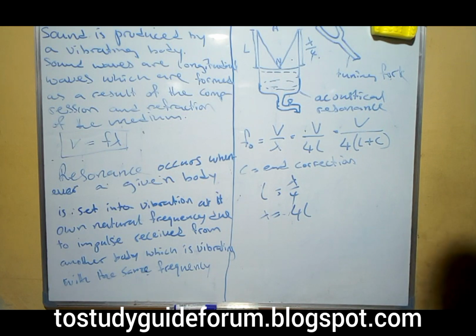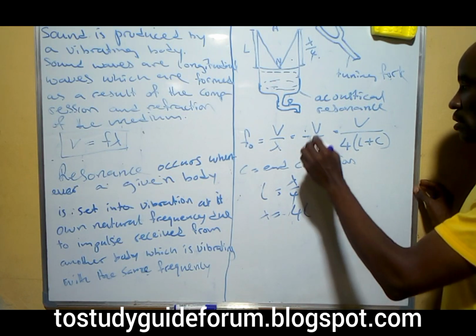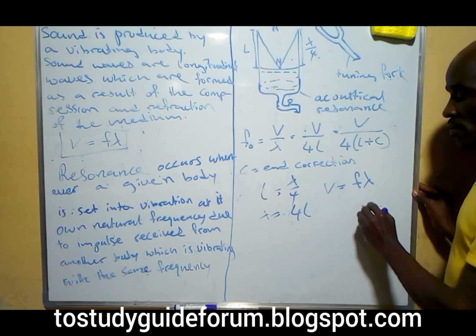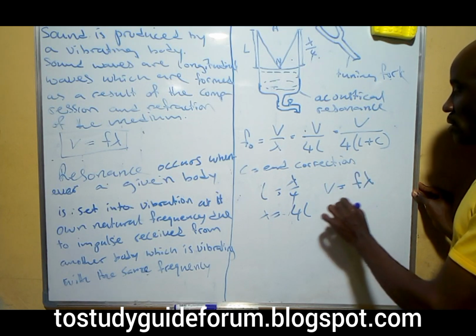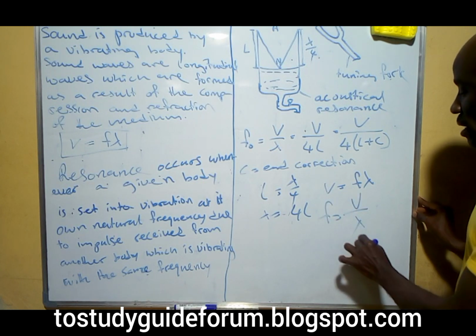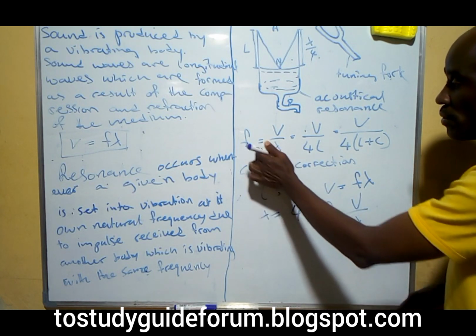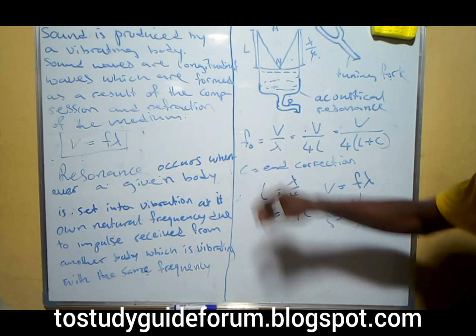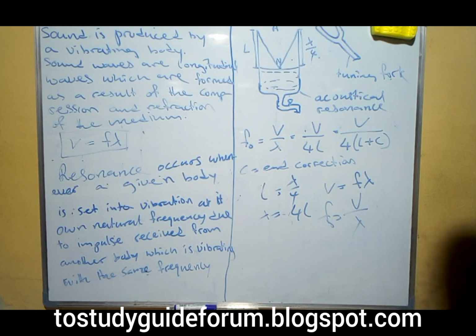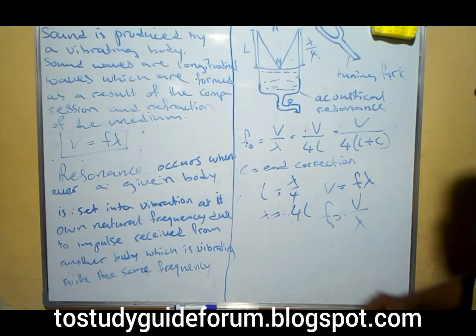So being like that, we also know that the velocity of sound is the frequency times wavelength. Then to calculate the frequency, we have it to be velocity over lambda. That is how we got this. This stands for the first frequency, the fundamental frequency of the resonance experiment, or resonance tube, or closed pipe.